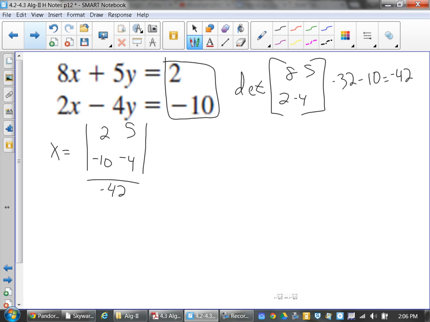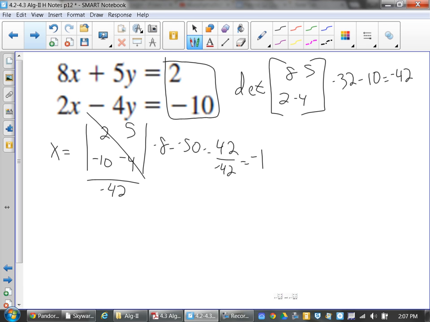Will the numbers always be lined up like x then y? Yeah, you should have it set up that way. As long as you put it in the column correctly, you'll be fine. So you have negative 8 minus negative 50. Is 42? Negative 1. You get negative 1. Negative 8 minus negative 50.